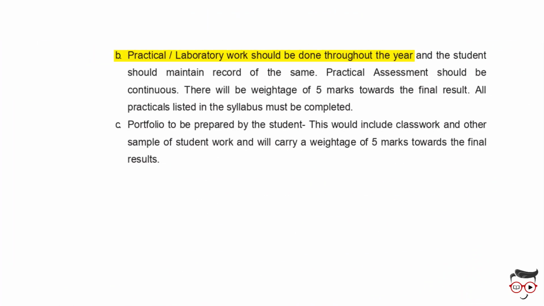The second part is for practical work, that is the laboratory work, that should be done throughout the year. It is very important that this laboratory work should be done throughout the year, so that you can relate every practical with respect to the theoretical concept, and it contains a weightage of 5 marks towards the final result.